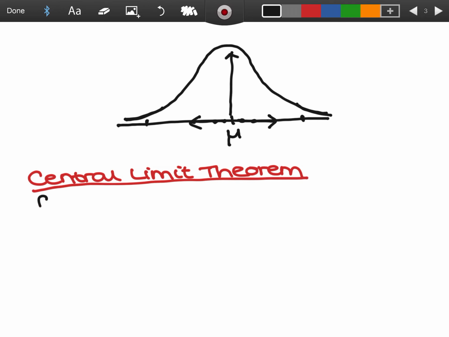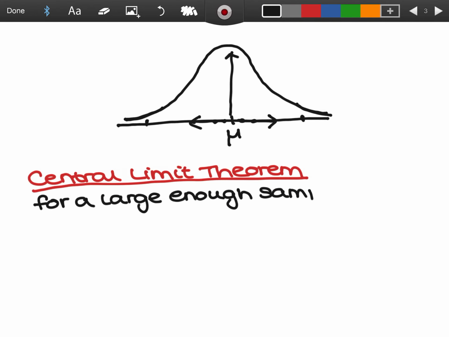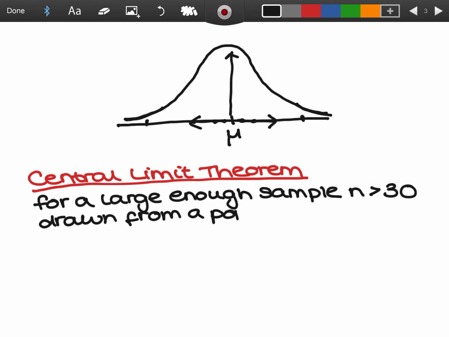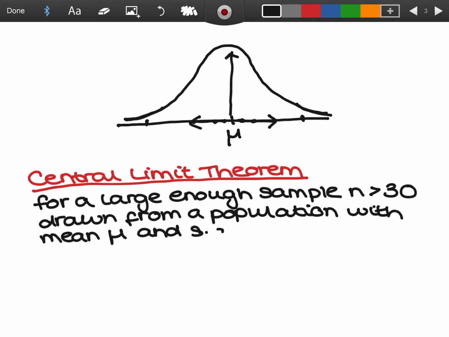And what the central limit theorem says is that for a sufficiently large sample, so for a large enough sample, and we actually say that the sample size has to be at least 30. So you've got to have a sample of greater than 30, and you're drawing from a population where you have a mean, we'll call it mu, and a standard deviation sigma.